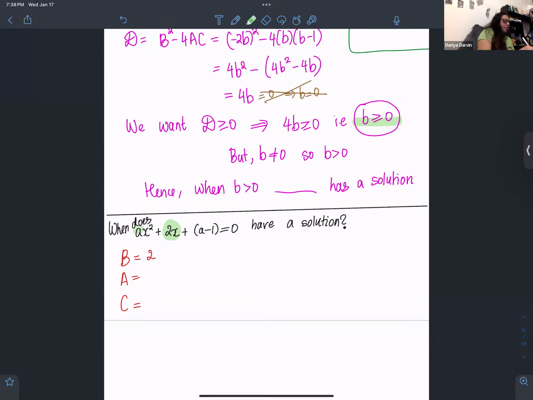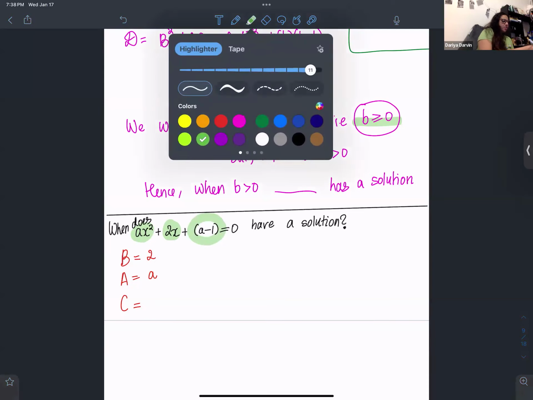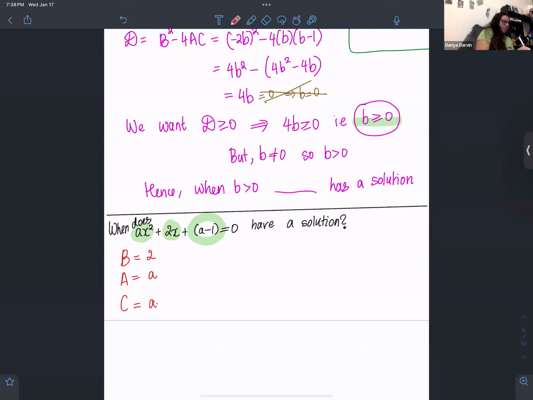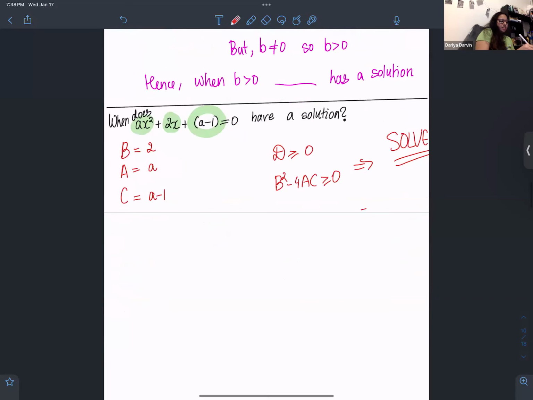My big A comes with my X squared. That's A here. And my big C is everything that comes unattached to any X term. That's A minus 1. So I still have to find b squared minus 4ac greater than or equal to 0. Solve. I'm not going to do it, and find the answer here, just like we did before.